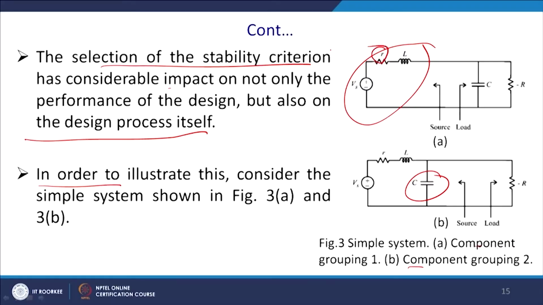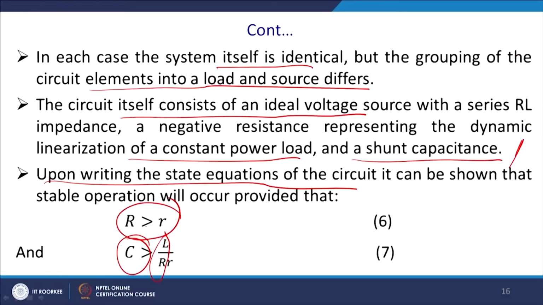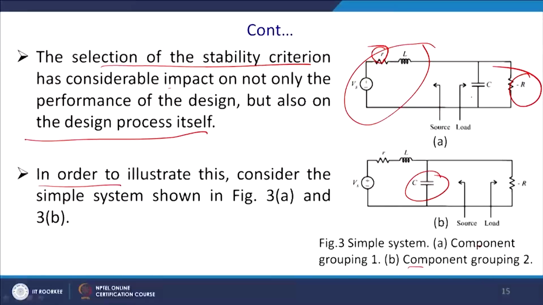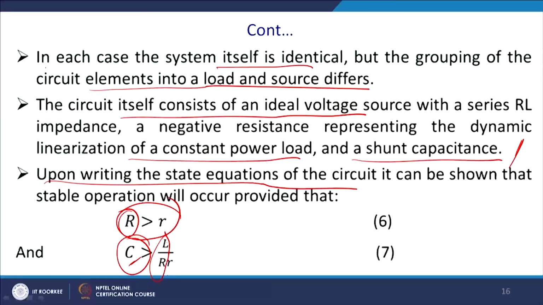This is the source resistance and this is the load resistance, and our condition is that the load resistance, since it is a negative type because it is the CPL, is much greater than the source resistance, and this capacitor value is this ratio L by r into R, and it should be greater than C. So, if this condition is satisfied, then this interchangeability is possible, and for this reason in each case the system itself is identical.